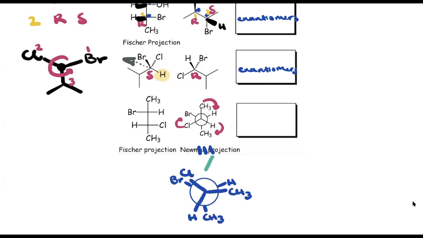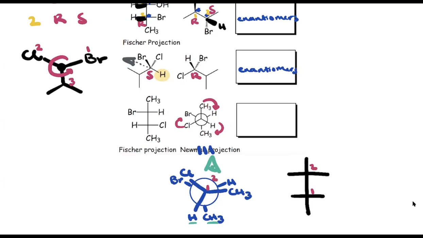You can actually make this into a Fischer projection by just looking at it from above. What that means is that this H and the CH3 will actually end up being on your wedges. So this is my Newman projection, and if I call this carbon 1 and the back one carbon 2, 1 and 2.